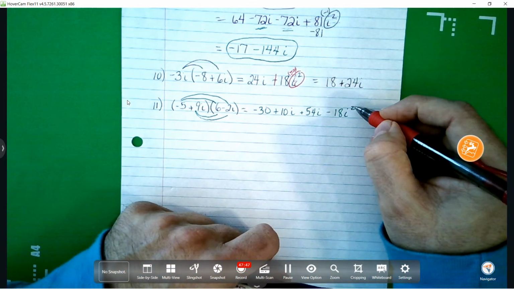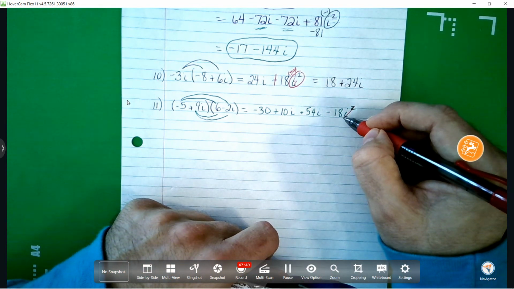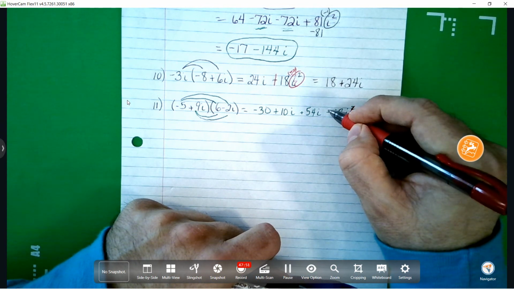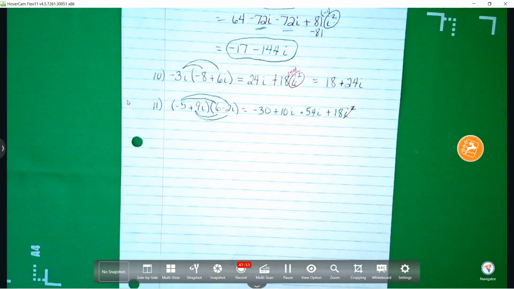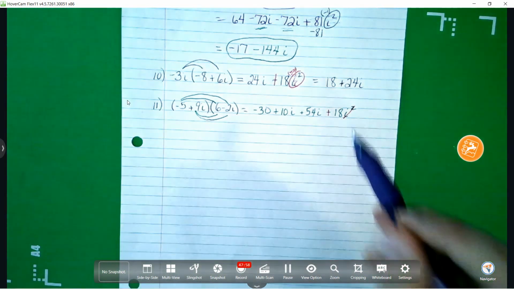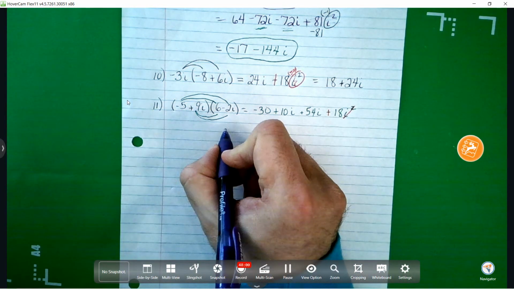So if I replace this with negative 1, negative 18 times a negative 1 is just going to be a positive 18. So I'll just mark out the i squared and change the minus to a plus in front of 18. So let's see.